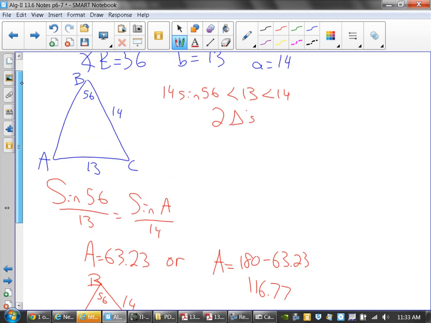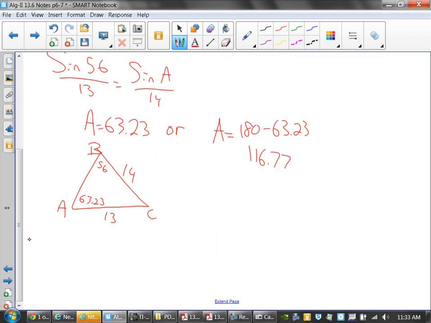Do we have C? Nothing for it. Does everybody see how you're going to be able to find angle C and it's going to be different both times?